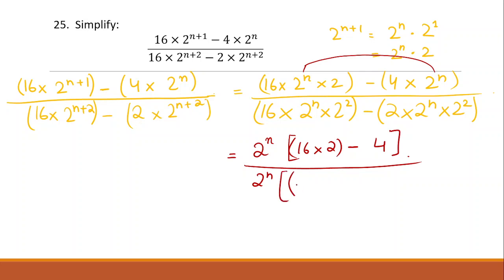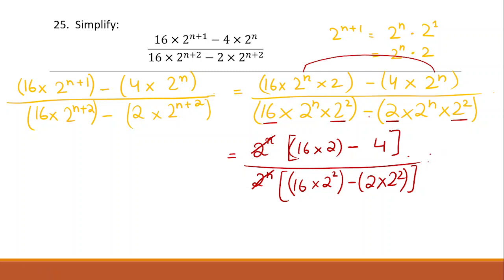Similarly, we have 16 and 2 to the power 2 left, and then a negative sign, and then when we take 2 to the power n common, 2 and 2 to the power 2 are left, so we can write 2 multiplied by 2 to the power 2. Clear? So this 2 to the power n will be cancelled by this 2 to the power n.